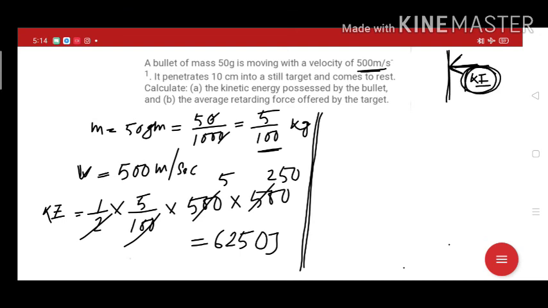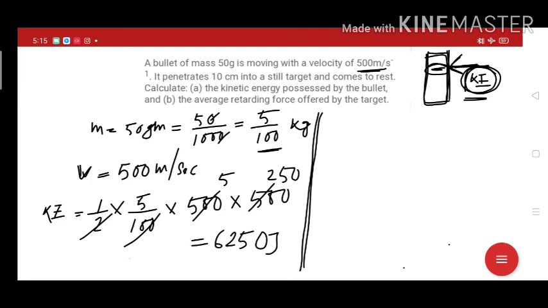So when it hits the target and comes to rest inside this target, it penetrated 10 centimeter in the target, and it is at rest now. So what will happen instantly?